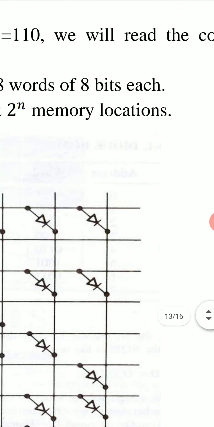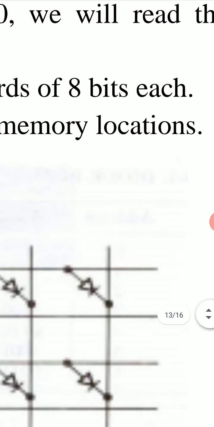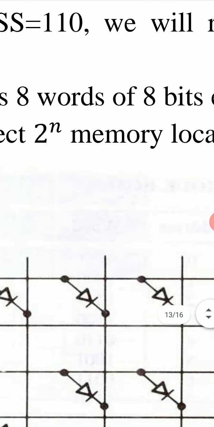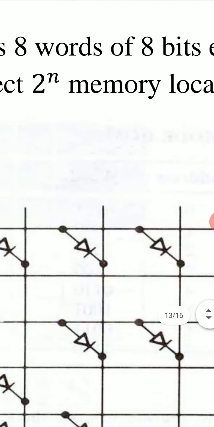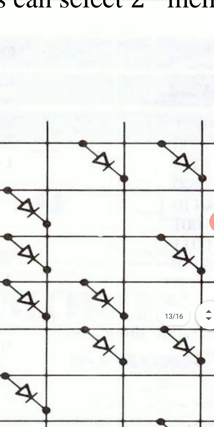It is not 8 bits each, it is 4 bits each. We have 8 words because we have 8 registers, and each word is 4 bits each. We have 4-bit word.